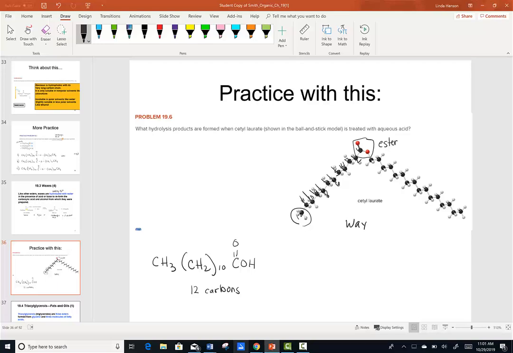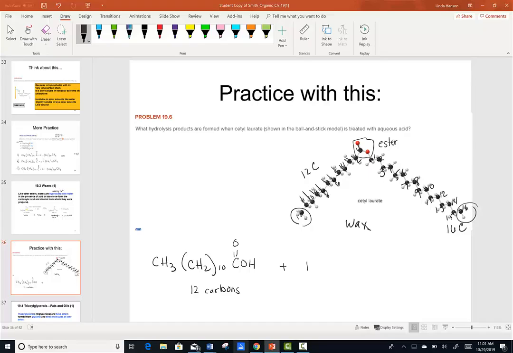How about the alcohol side? On the alcohol side, we have 1, 2, 3, 4, 5, 6, 7, 8, 9, 10, 11, 12, 13, 14, 15, 16 carbons. So to write the alcohol, we begin with that last CH3 group.